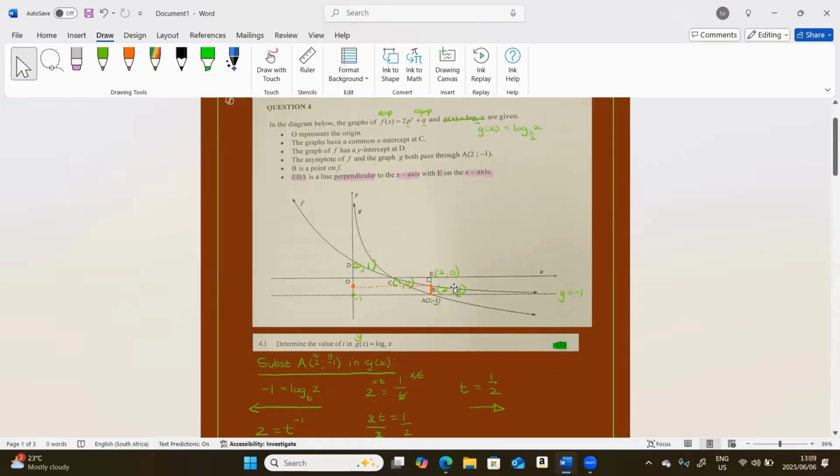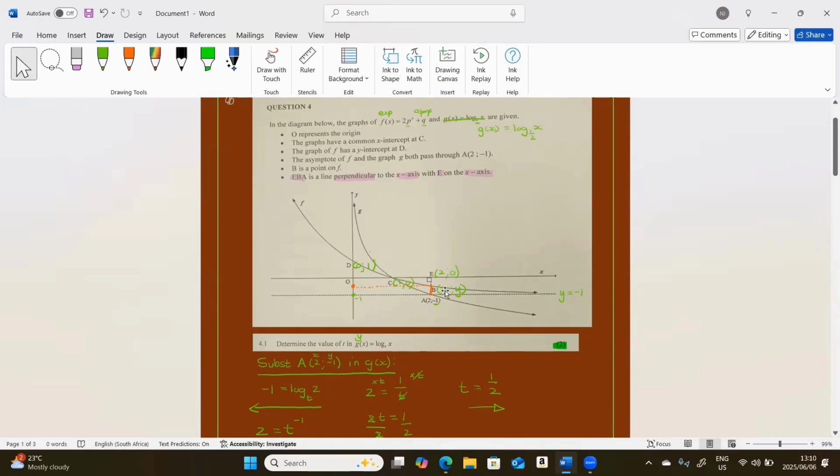So that's basically what we're going to need to calculate, this y value. To calculate this y value, we need to substitute x equal to 2 into our exponential function. Can you see that point B, coordinate B, lies on my exponential function?